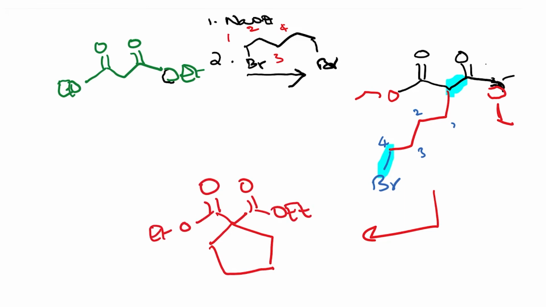Okay, so I'll just renumber these carbons. So 1, 2, 3, 4, and that's the 5th carbon. So this is 5, 1, 2, 3, and 4. You can also make a 4-membered ring using this process.